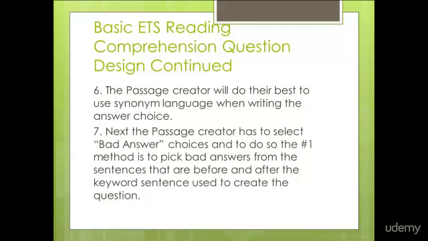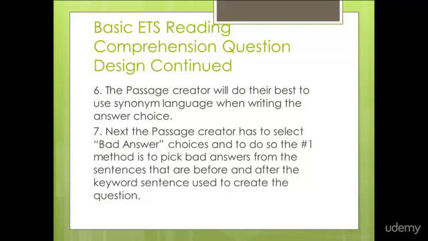The passage creator will do their best to use synonym language when writing the answer choice. And then when they pick bad answer choices, they pick them from the surrounding sentences. Maybe the sentence above the keyword sentence, and maybe the sentence below the keyword sentence. Or sometimes they'll pick an answer that's from a different paragraph. But at any rate, understanding their process of how they make questions and develop answers is going to help you in understanding our tricks and tips that we teach you for answering reading comprehension questions correctly.